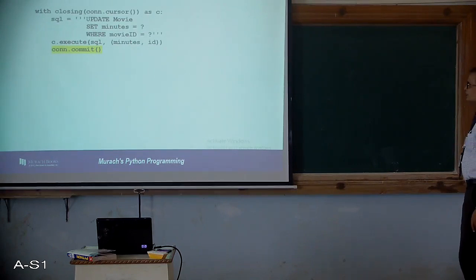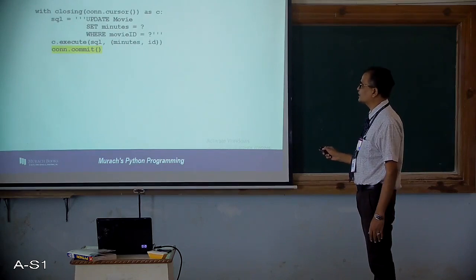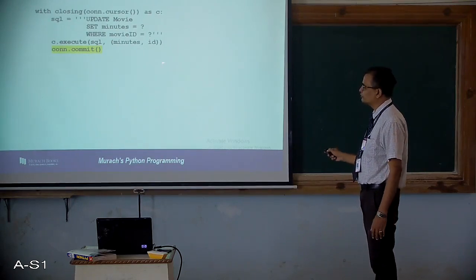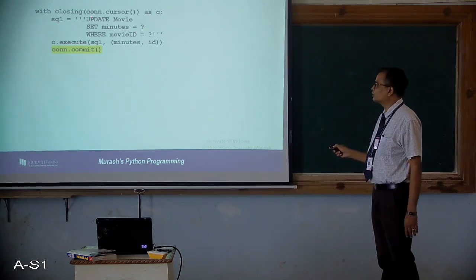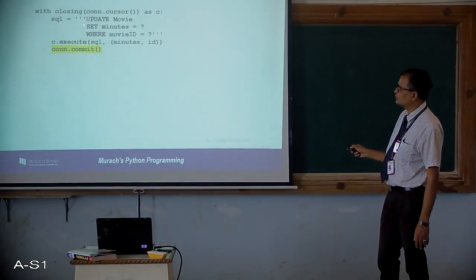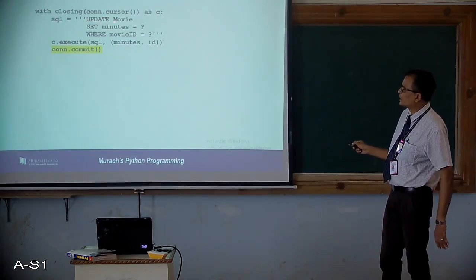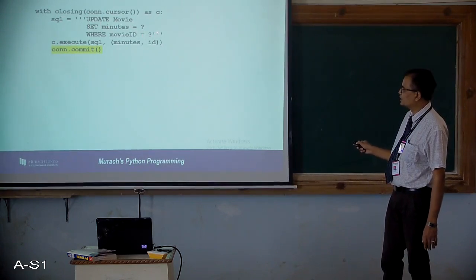Similarly, when you execute the update command, it goes like this: ID is 4, minute is 84. These are the two variables which we will be using further in the statement, with the closing connection dot cursor as C. SQL is equal to update movie, set minutes is equal to a placeholder question mark where movie ID is this. For these two, we are passing these two as the arguments.